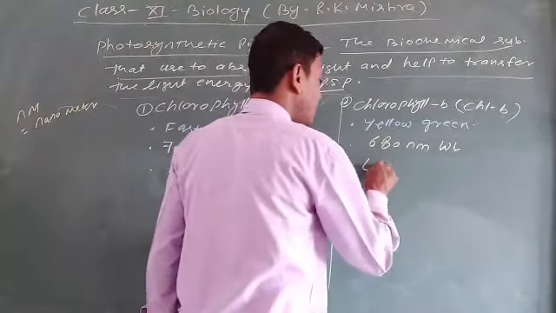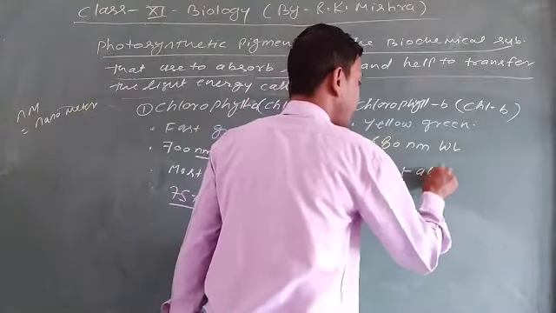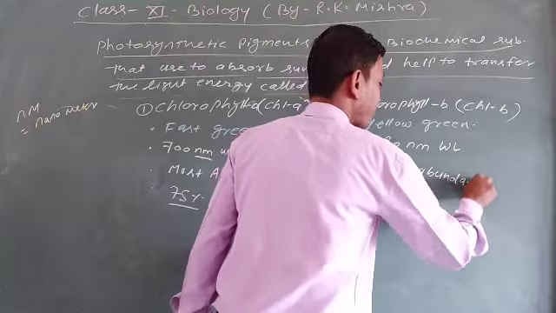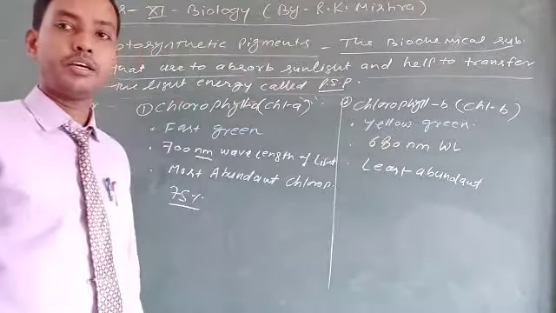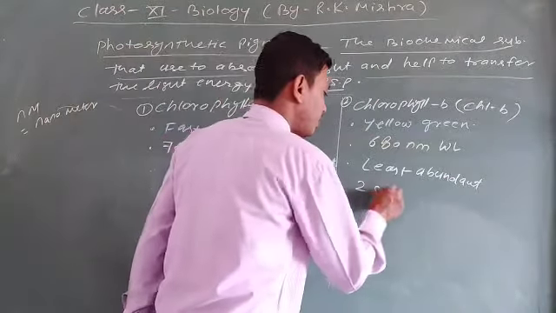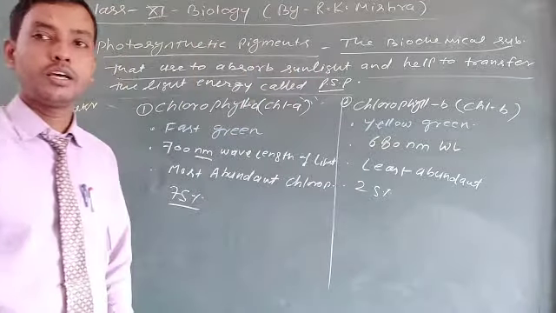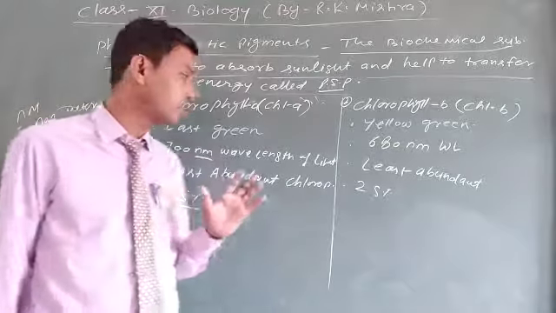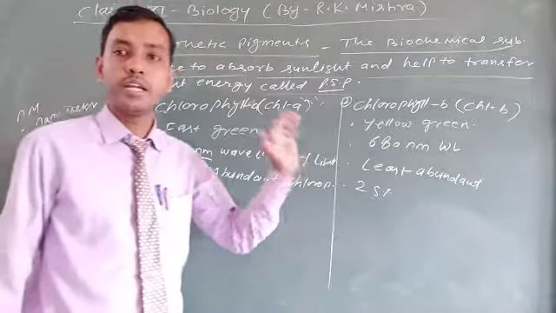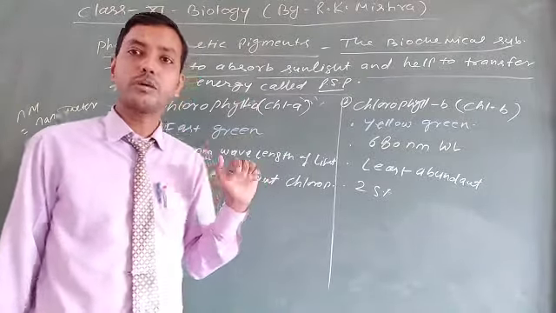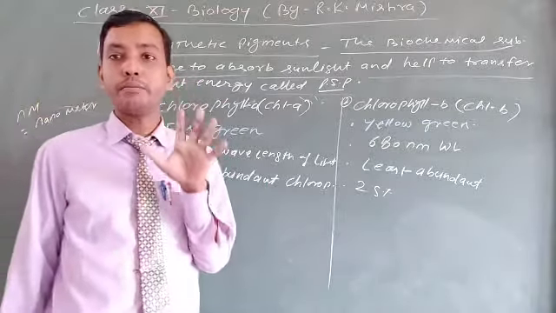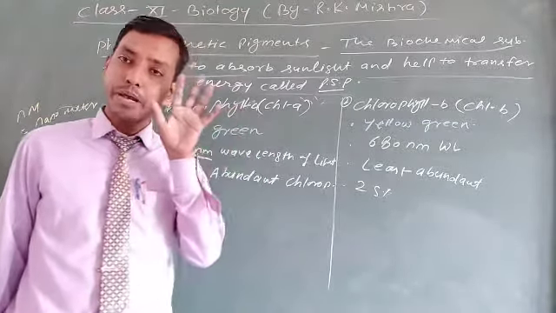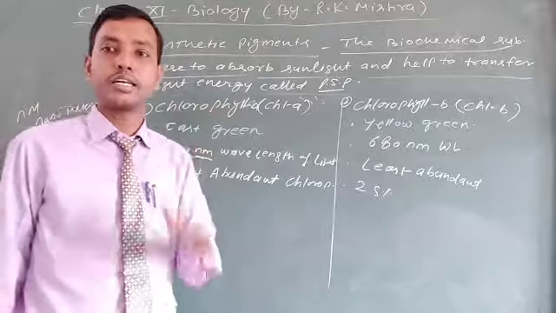And this one, chlorophyll B, is the least abundant chlorophyll. It is about 25% of the total chlorophyll. This is all the difference between the photosynthetic pigments chlorophyll A and chlorophyll B. And the basic function of chlorophyll A and B is the primary absorption of sunlight. They are primarily involved in sunlight absorption.